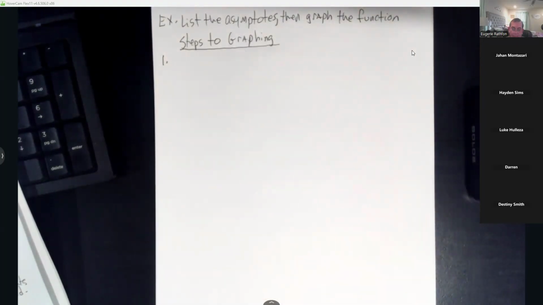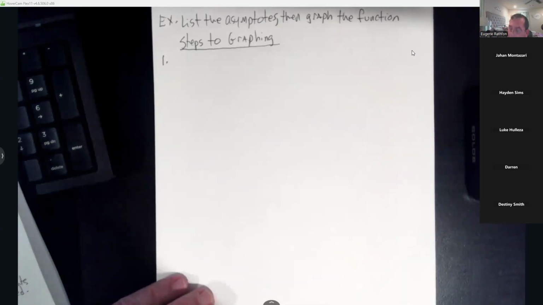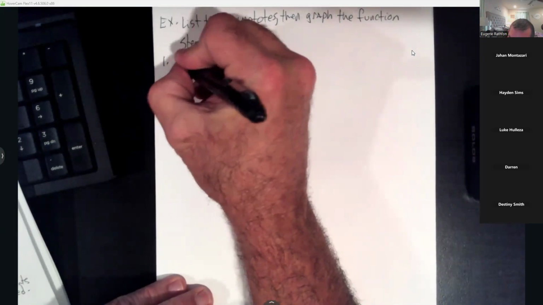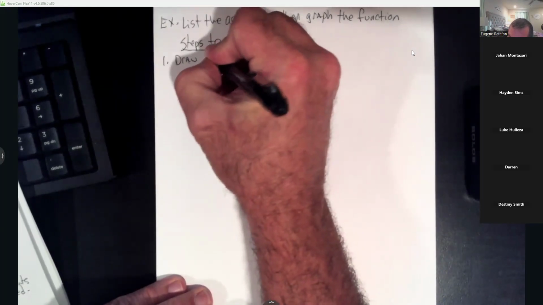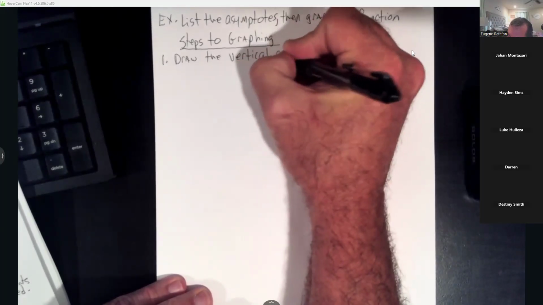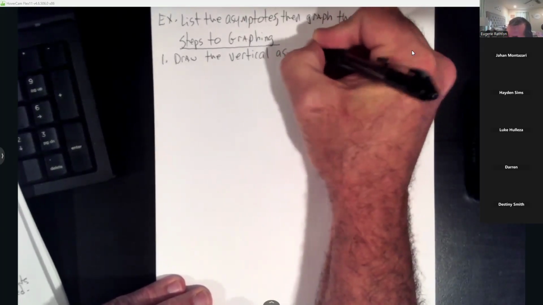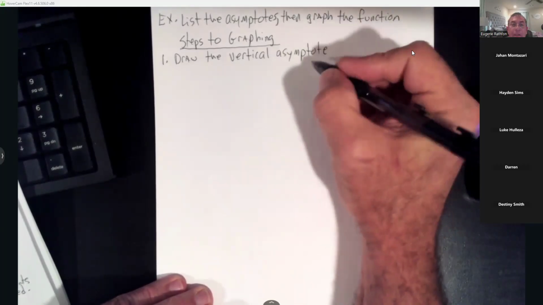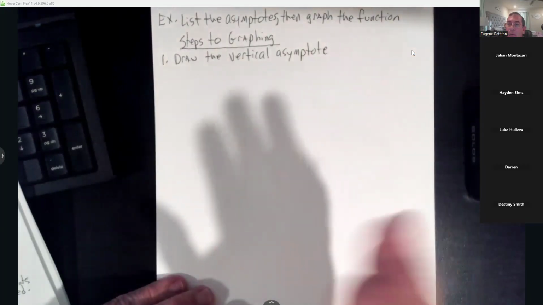We go to the first step. I'm going to plot the vertical asymptote. So I'm going to draw the vertical asymptote. Now remember, this is a vertical line that my graph cannot cross.